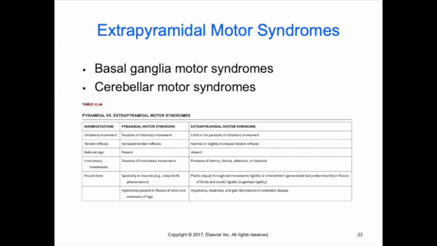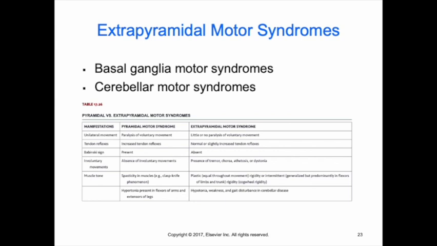Lastly, the disorder of equilibrium, posture, and gait can also be present with cerebellar motor syndromes. Hence the terminology cerebellar, which talks about the cerebellum, which gives us this sense of equilibrium, posture, and gait. They're associated with hereditary ataxias, strokes, brain trauma, multiple sclerosis, tumors, and even systemic disorders like exposures to toxin, heat stroke, but they also can be idiopathic as well.